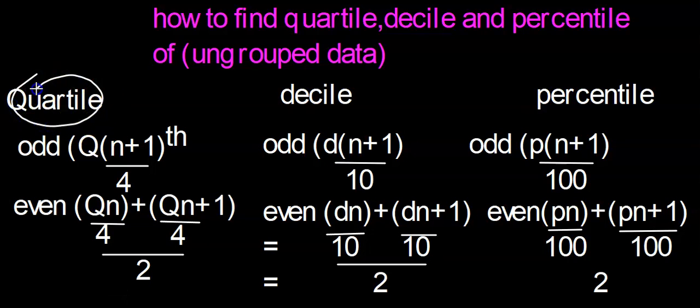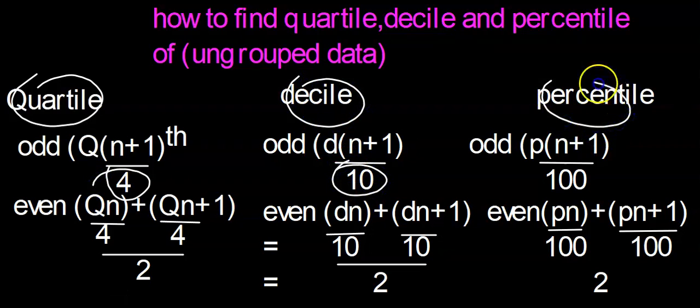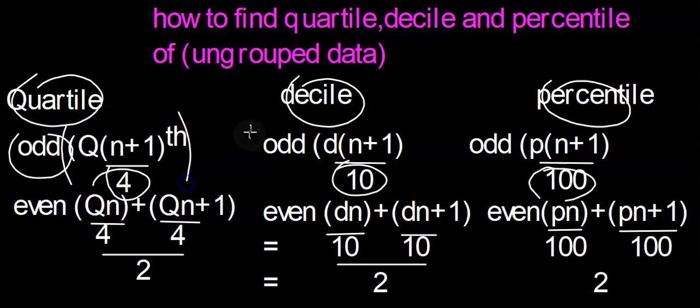So for that reason, we're going to put this 4 over here, and decile means 10, so we put this 10 over here, and percentile means 100. We use this type of formula for odd, and this type of formula for the even case. I don't want you to get confused. When we apply these formulas in equations, you're going to understand them.